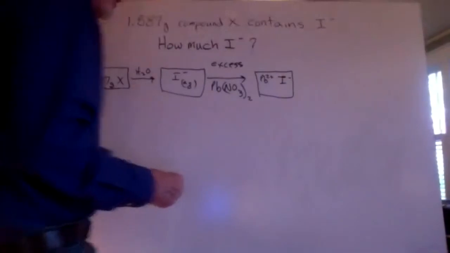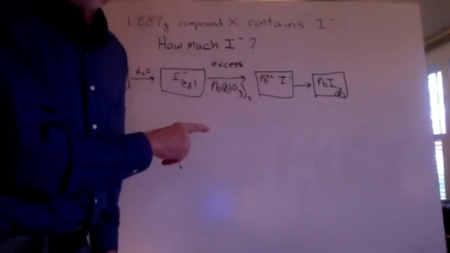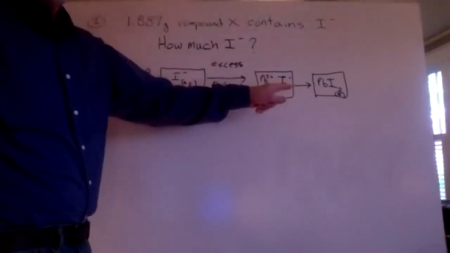So we have Pb2+ and iodide ion in solution together, and they're incompatible, and they will precipitate out as solid, PbI2. Can you see that okay? PbI2? Yes. Okay.